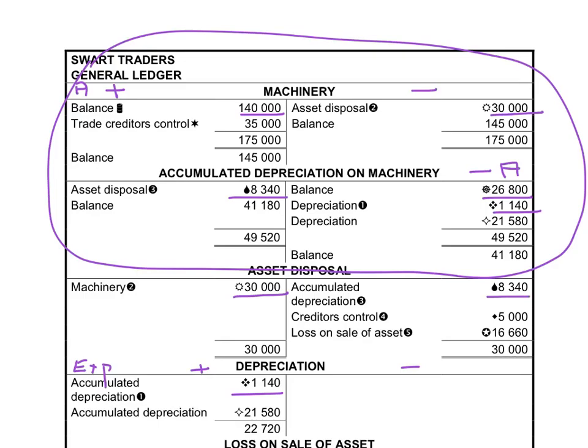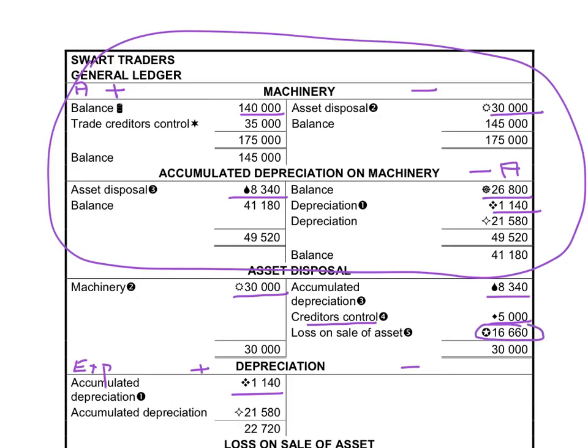Then I have to record the money that we receive. So they've given us a 5,000 Rand trade-in that will reduce the money that we owe to the creditors, and the balancing figure in this asset disposal account will give us the loss that we made on the disposal of this asset.